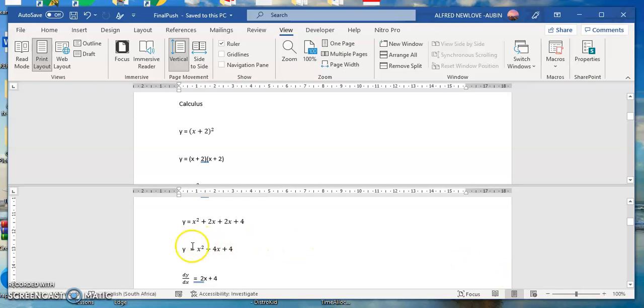Then if you are told to find the derivative, the first derivative, that is dy/dx, we know that these two will multiply 1 to give you 2x, and 1 will multiply 4 to give us 4. This will blow away to be 0 there. Good. Let me bring that solution here at the top.